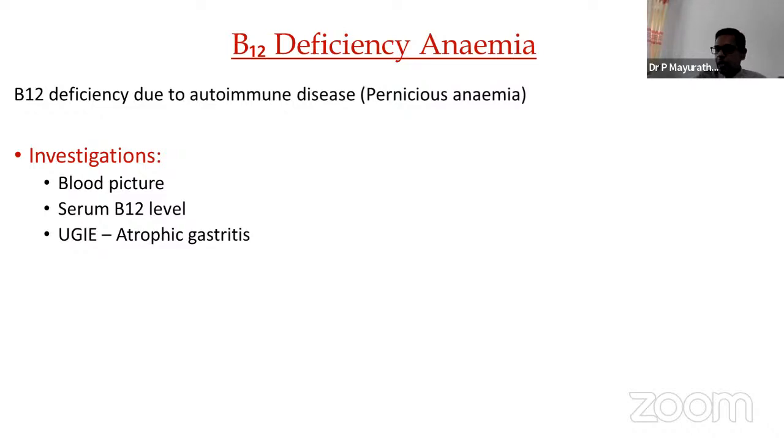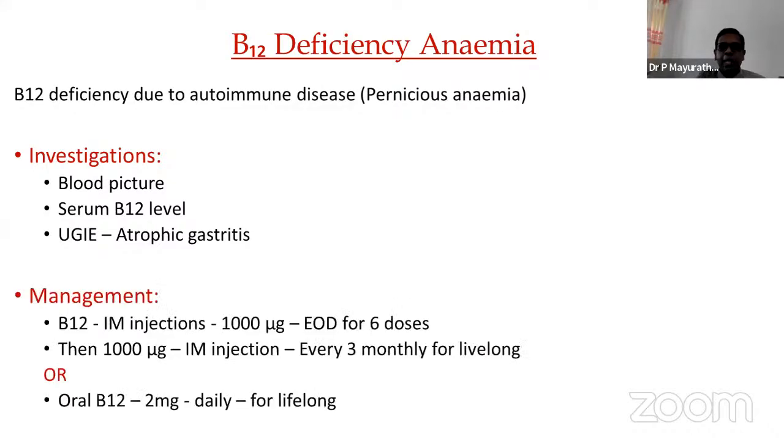And there are antibodies, parietal cell antibodies and intrinsic factor antibodies. There are many other investigations that can be done in the private sector, but these are very expensive in terms of government hospitals and may not be available. So we don't do that routinely.